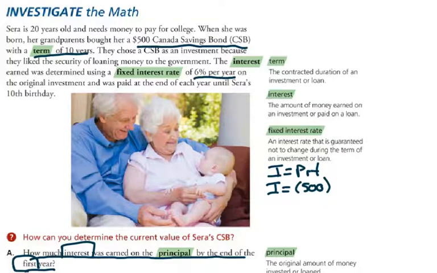R is the interest rate of 6%, which must be converted to a decimal, so divide it by 100, 0.06. And T will be the 1 year that we're talking about in this case. We can take this one-stop shop in the calculator and determine that the amount of interest earned would have been $30.